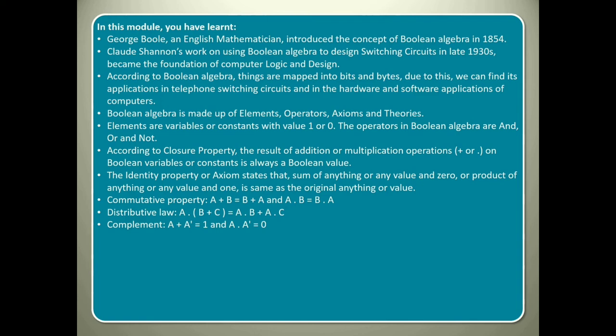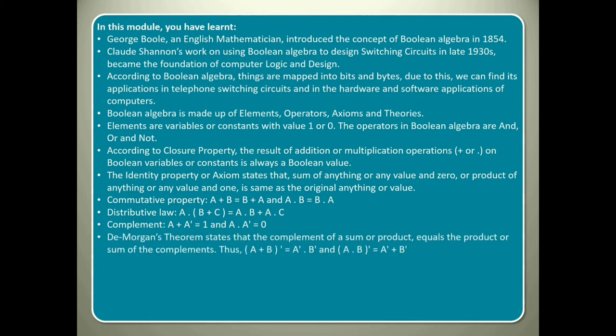De Morgan's theorem states that the complement of a sum or product equals the product or sum of the complements. Thus, complement of the sum of A and B is equal to complement of A into complement of B, and complement of A into B is equal to complement of A plus complement of B.